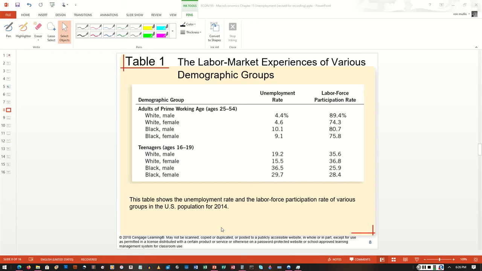Some companies use this as a reason not to hire younger groups, because they don't have the stability of the people between 25 and 54. This group is either in school, participating in school activities, or if their family moves a lot, they have to move with their family. So that would explain these numbers here compared to the numbers for 25 to 54.